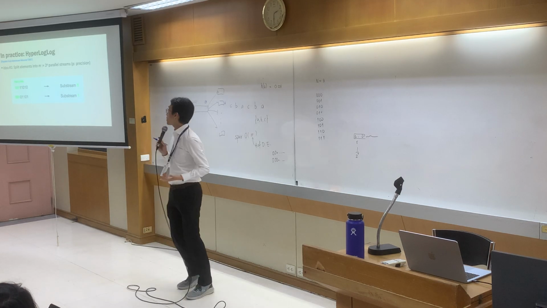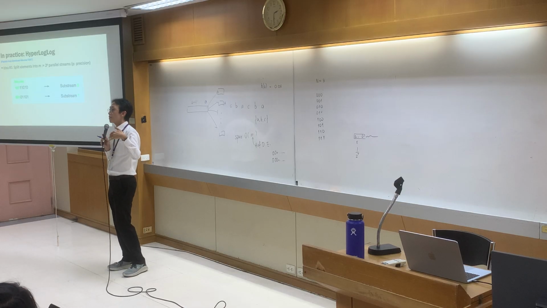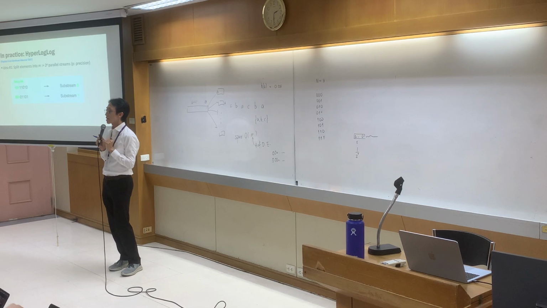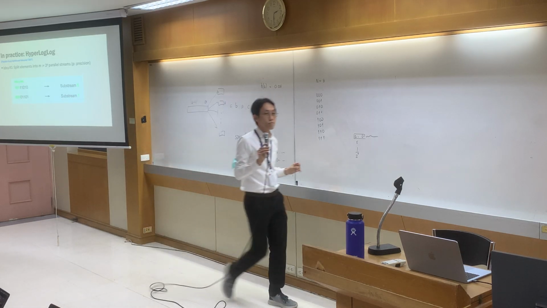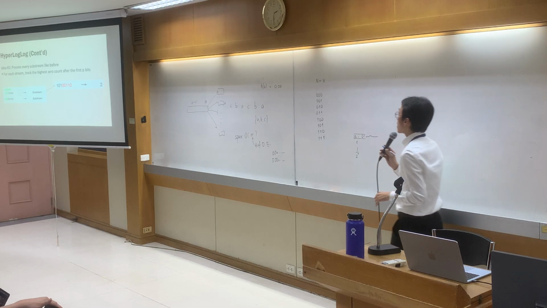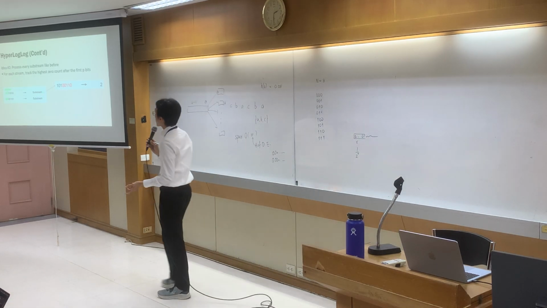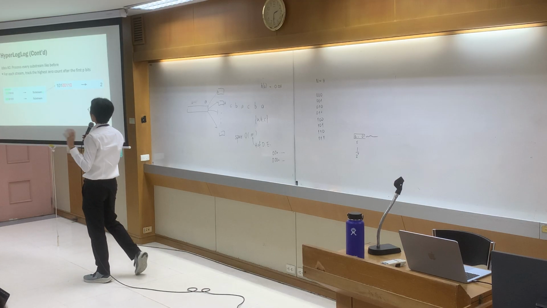In a way, P controls the precision of this estimator. So very often, as we increase P, it's going to become more accurate. The question then is, for each of the substreams, what do we do?